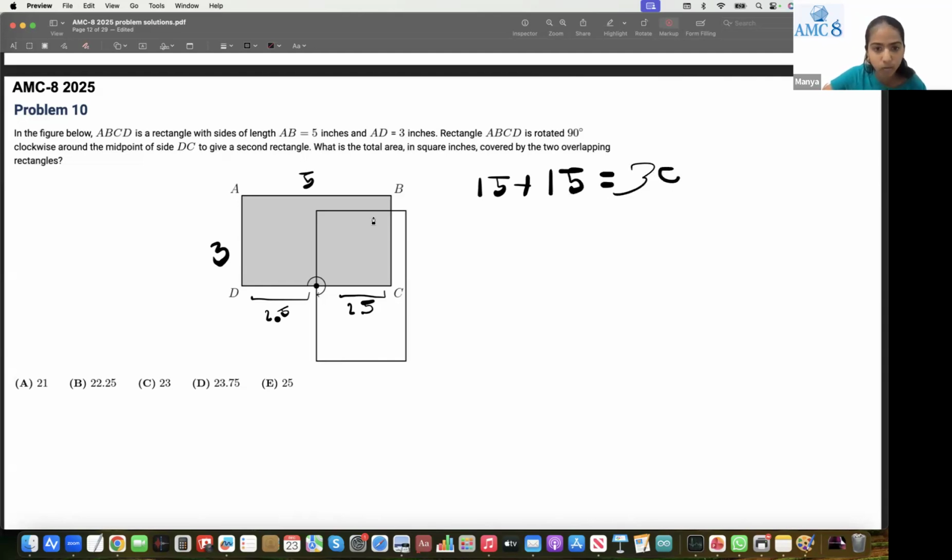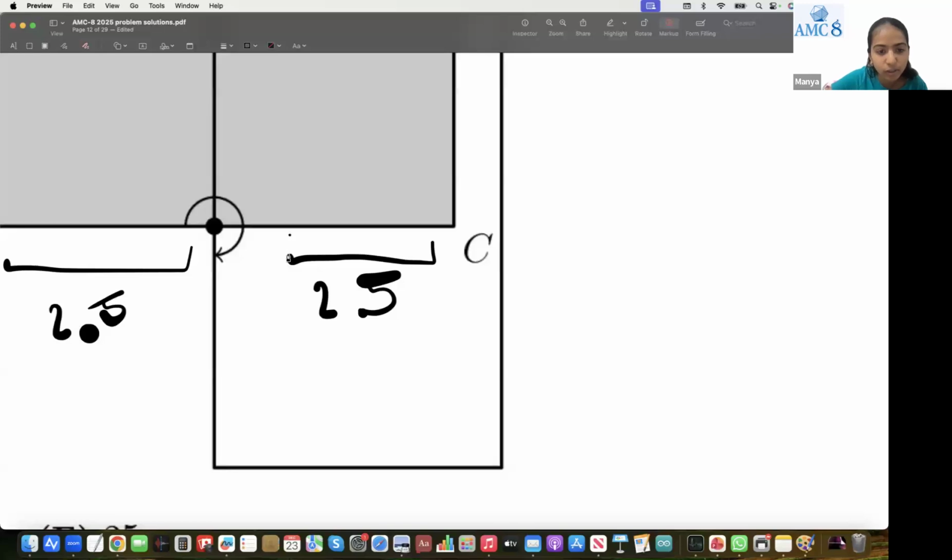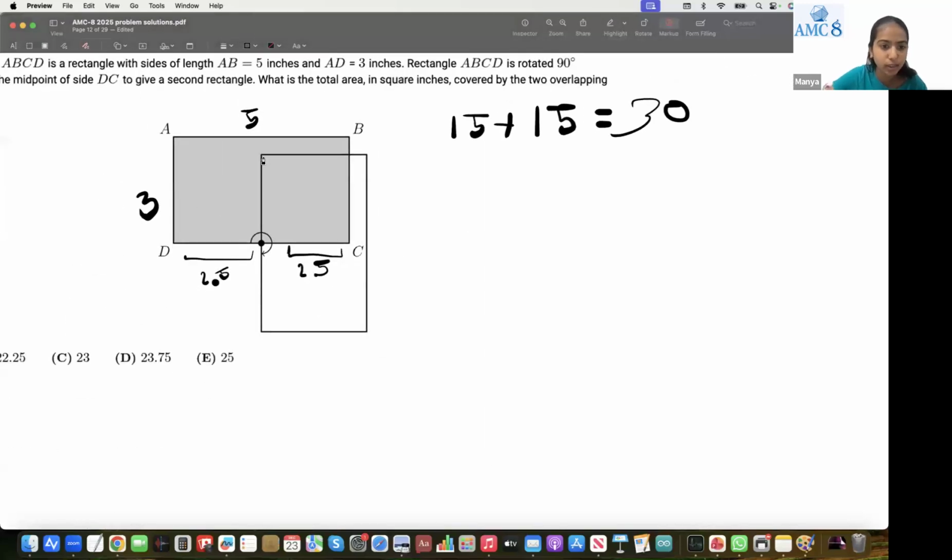Okay, but once again, we counted this overlap twice. So we would have to subtract it one time. And we know that this side length is equal to 2.5. And this is a square if you look closely, since they rotated 90 degrees here. So if this side length is equal to 2.5, then this side length will also be equal to 2.5.